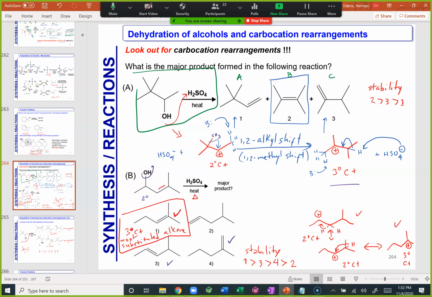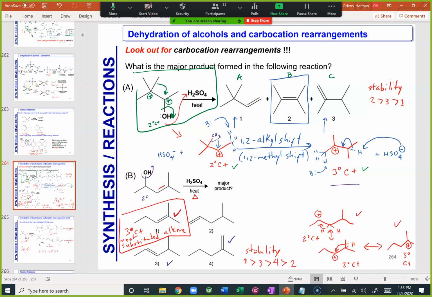So think about it. The OH grabs the H from the sulfuric acid. That makes a water molecule that leaves. That puts a plus right here. That plus is rearranged because at this point it's secondary. This is a secondary carbocation, but this methyl group jumps and then puts the plus right there. So that's the first step.